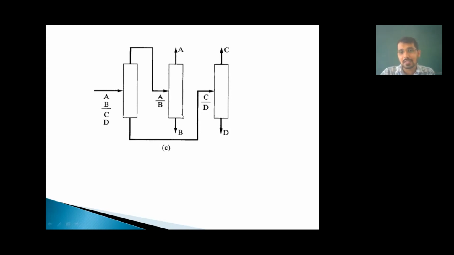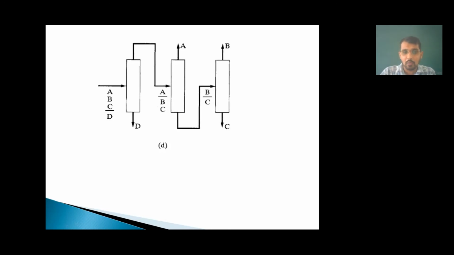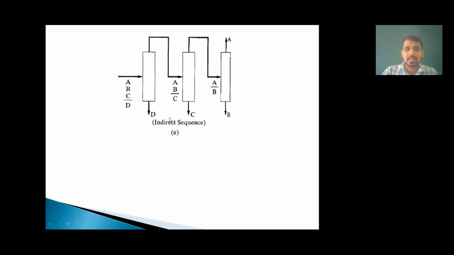This is the third sequence. Fourth, I remove the less volatile component first by vacuum distillation, then the more volatile, and then I separate B and C. So this is the fourth possible sequence, and the last possible sequence is the indirect sequence.